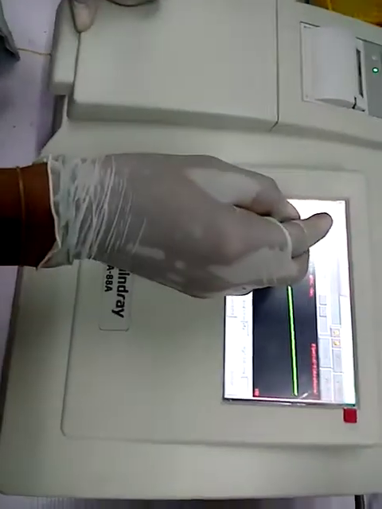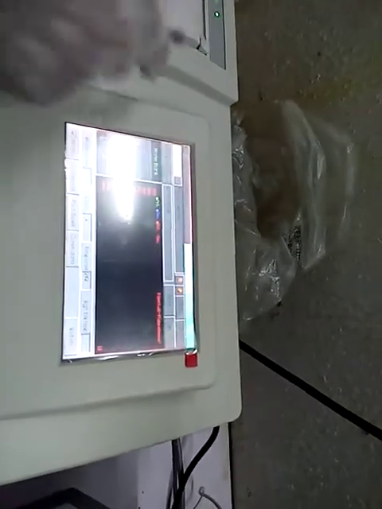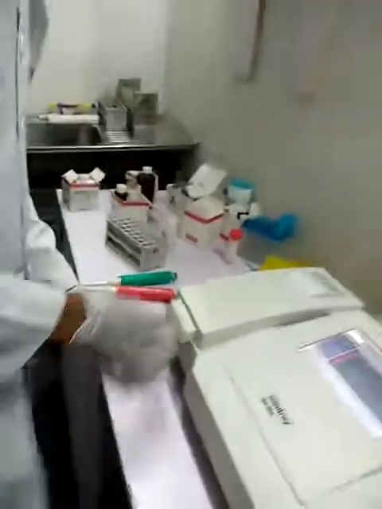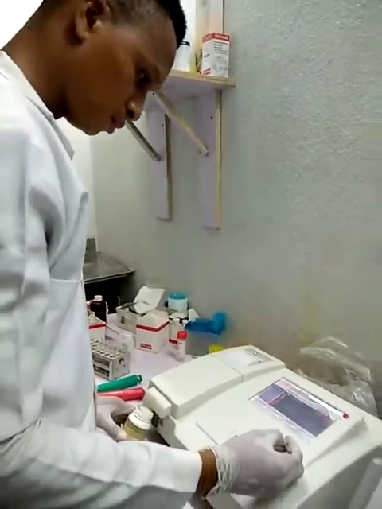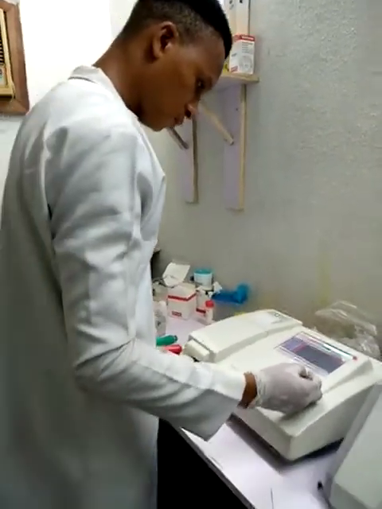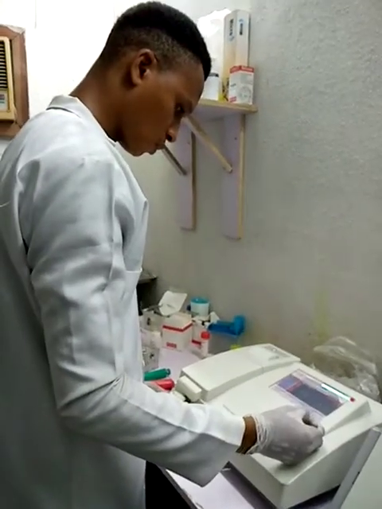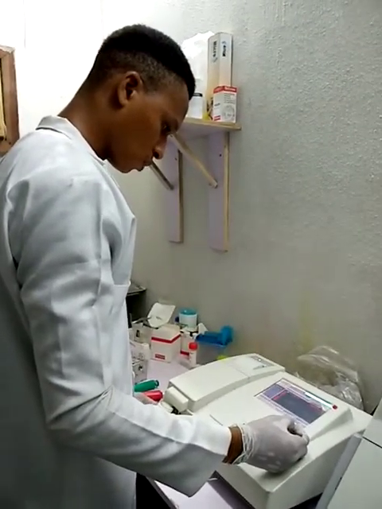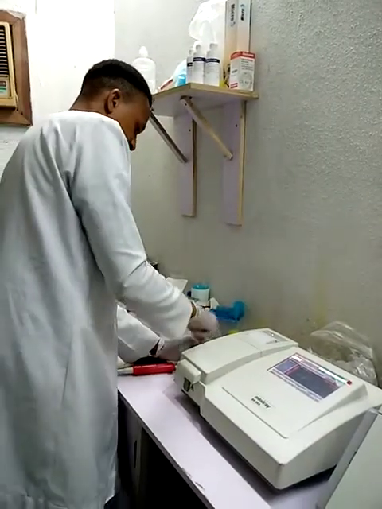Come back to my machine and scroll down to where I have total cholesterol. This is total cholesterol. So I'll wash the probe, then run my water blank.